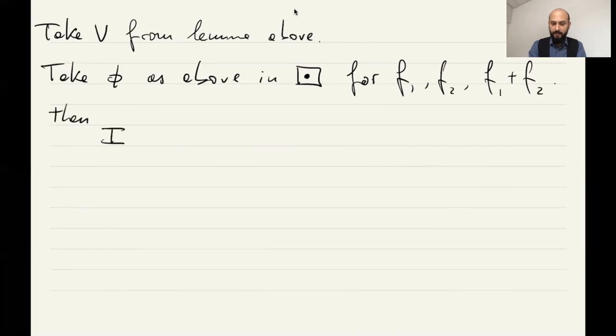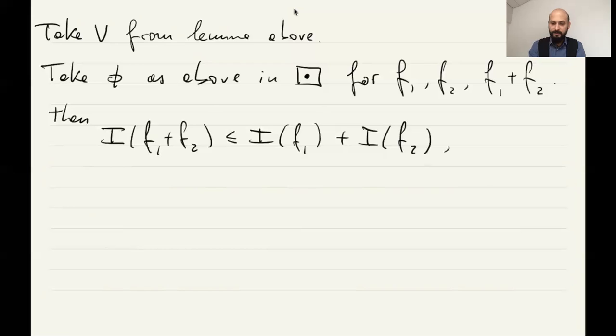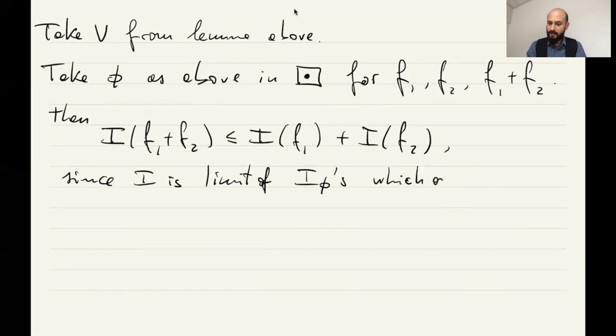That I of f1 plus f2 is definitely smaller than I of f1 plus I of f2, since I is the limit of such I phi's, which are sublinear.